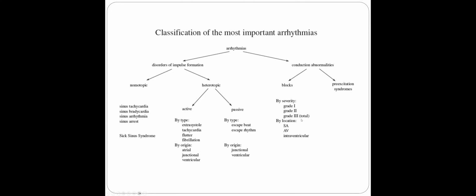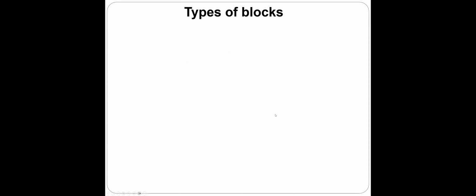And we have locational things, such as the SA, the AV, or intraventricular, whenever we need some kind of propagation from one point to another one. Okay, let's see the types. We said that we have a normal conduction.